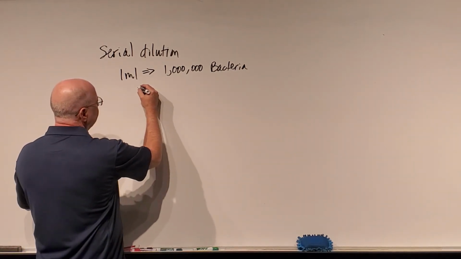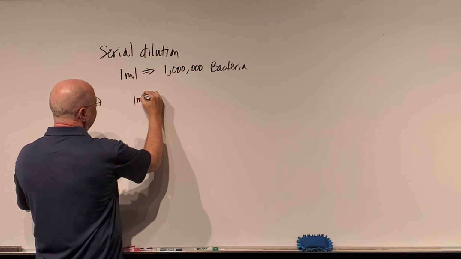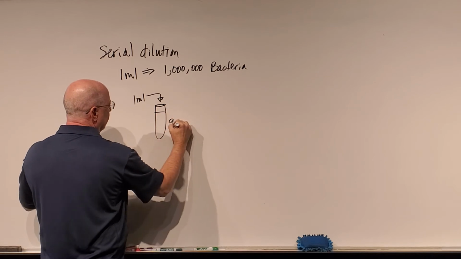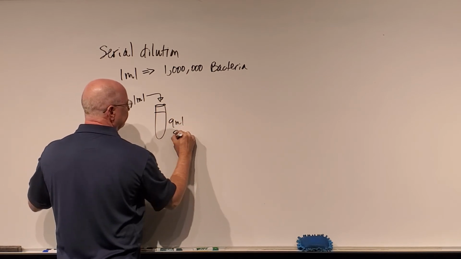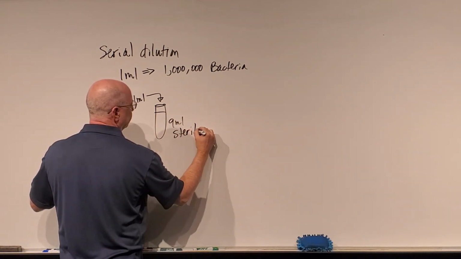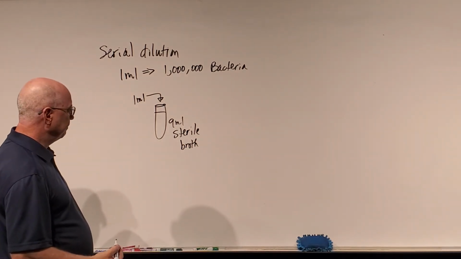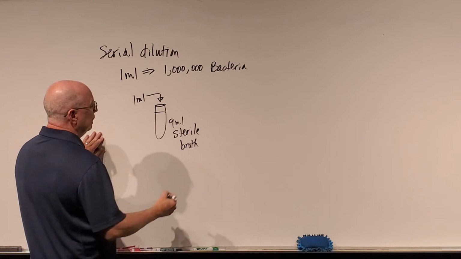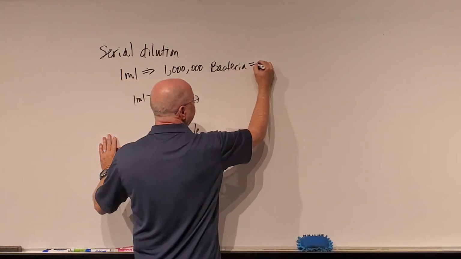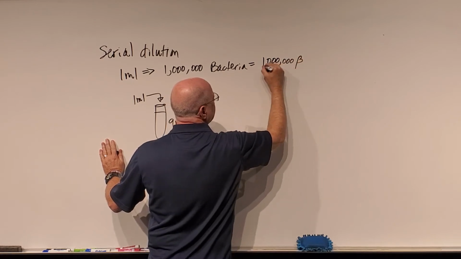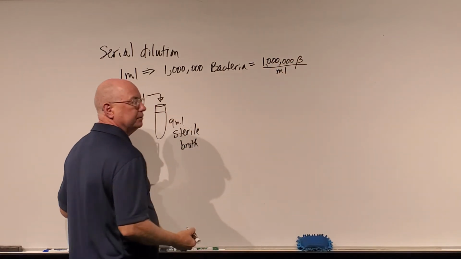But what if I took my 1 milliliter and placed it into 9 milliliters of sterile broth or a sterile solution? So now, I'm starting with 1,000,000 bacteria per milliliter.